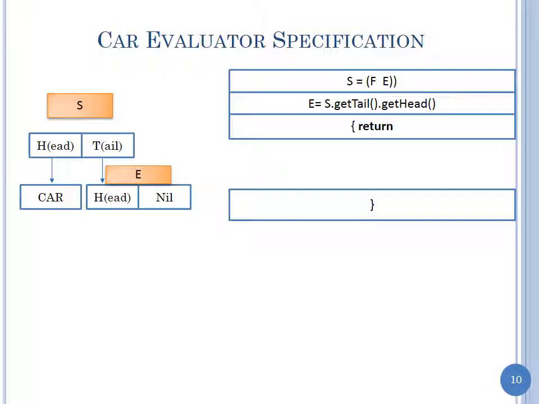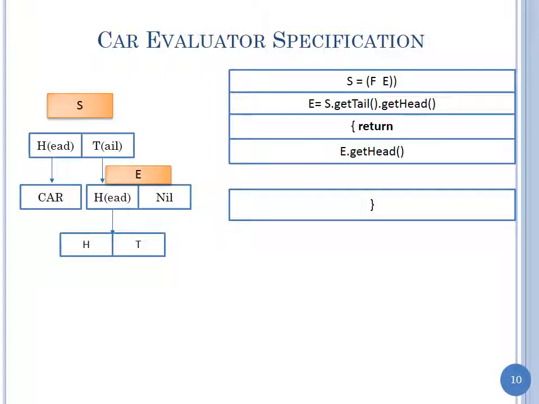So it's got one argument, and we can just assume that E happens to be something with a head and a tail, and return the head. Okay, so we're supposed to do a car. Car should be done on composite structures. So we can assume that E is a composite structure with a head and a tail, and we just return the head.